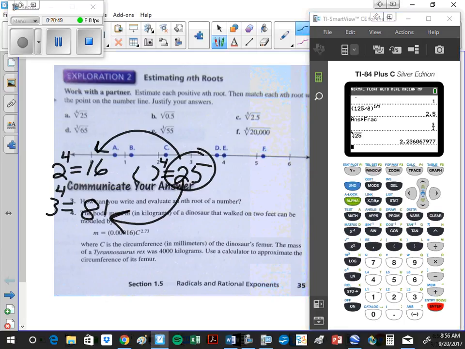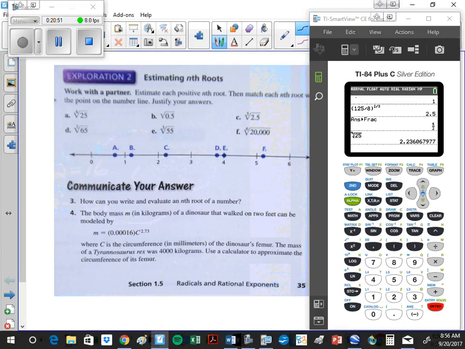So the next one's going to be kind of, and I guess actually it wants you to use that number line. 0.5. What letter do you think is going to be the square root of 0.5? We want something times something equals 1 over 2.